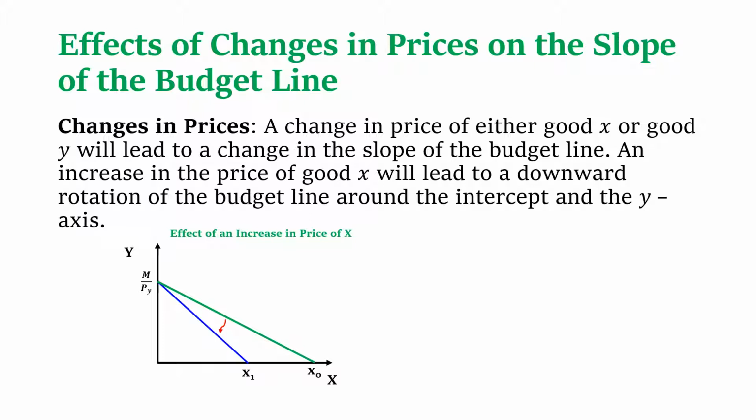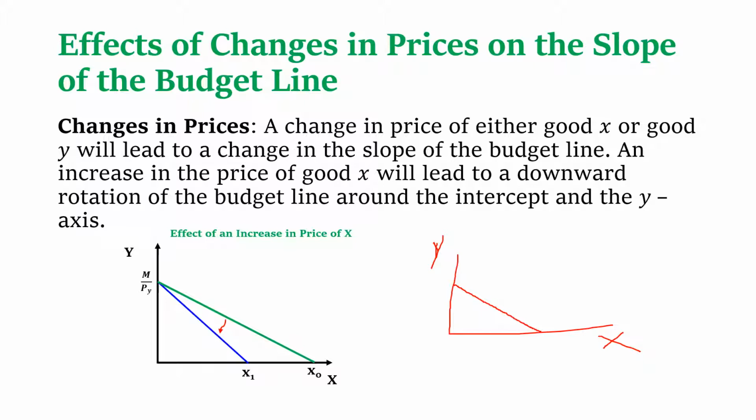So what do I mean here? If you don't understand what I meant, we have Y here, and then we have X here on the horizontal axis, right? So originally, let's say we have our budget line here.